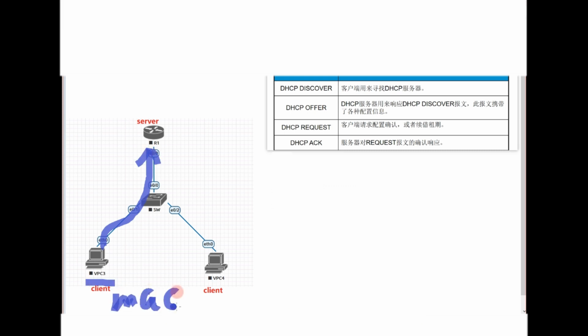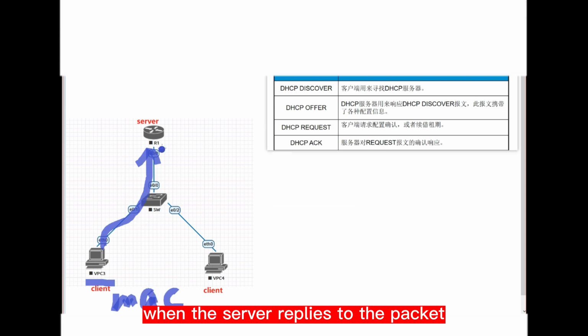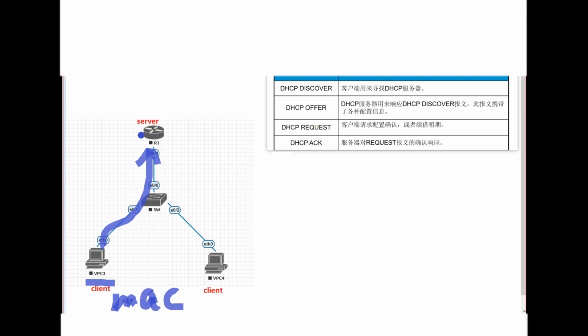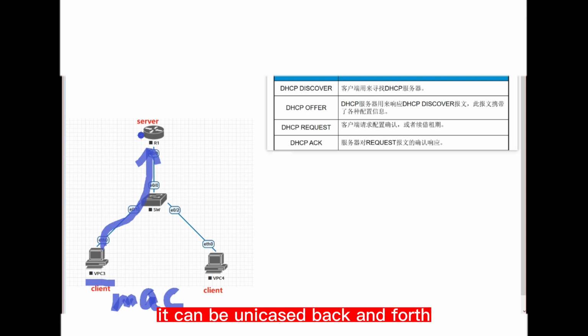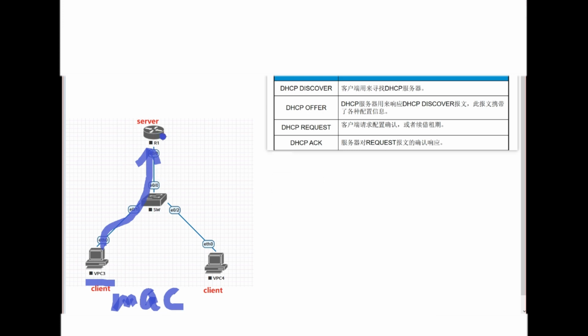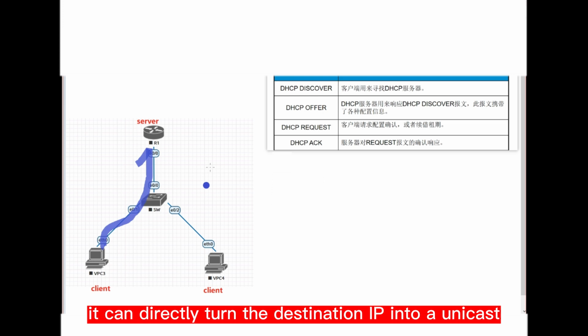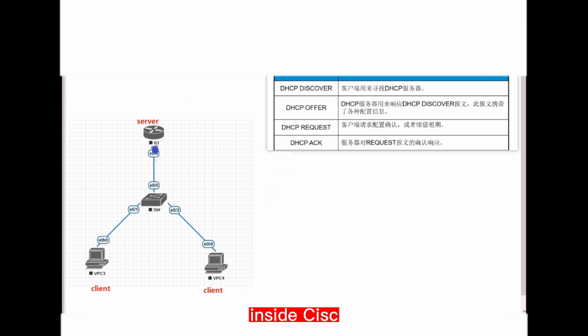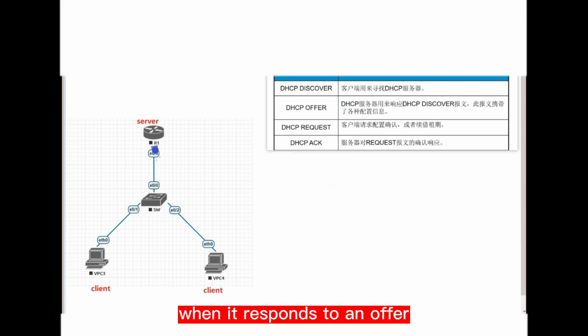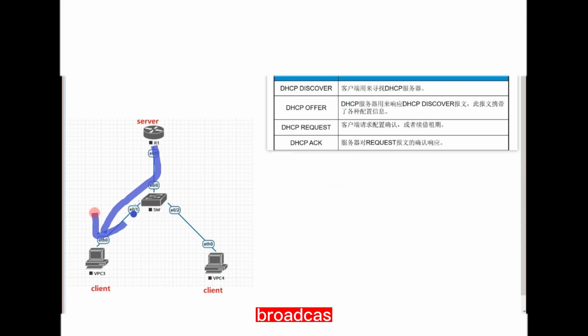So, when the server replies to the packet, in fact, it can be unicast back and forth. Because as a PC, it will look at the second layer first, then look at the third layer. It can directly turn the destination IP into a unicast. Inside Cisco, when it responds to an offer, it broadcasts.